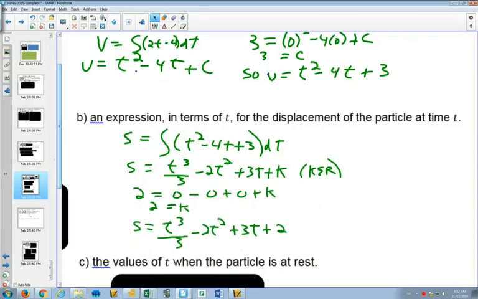Then in part B, integrate again. I'm introducing a different variable now because we already used c in the first one. You can solve that k is equal to 2.